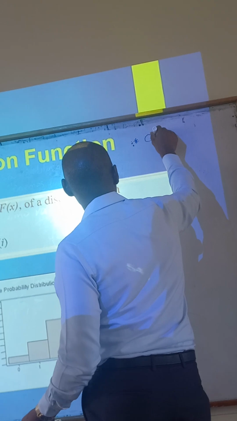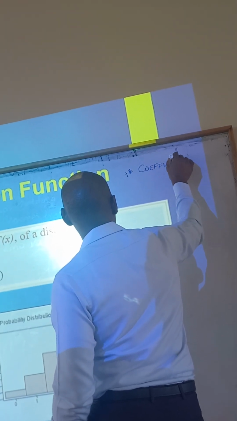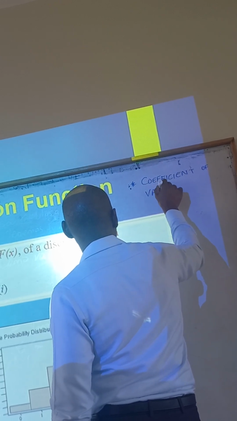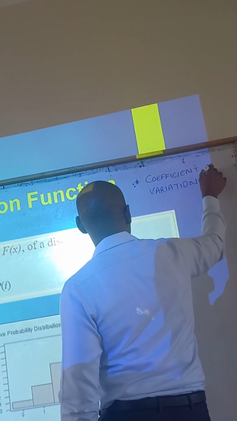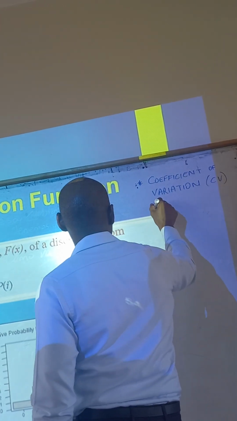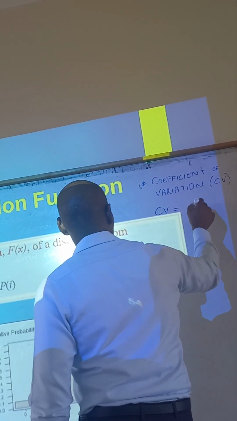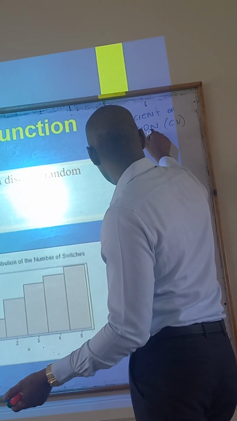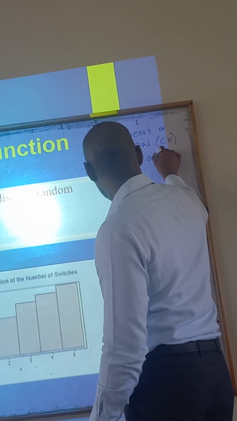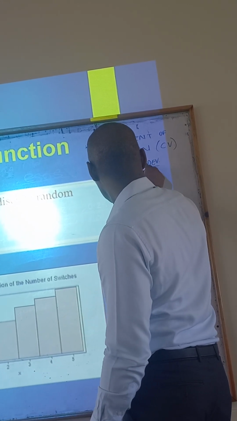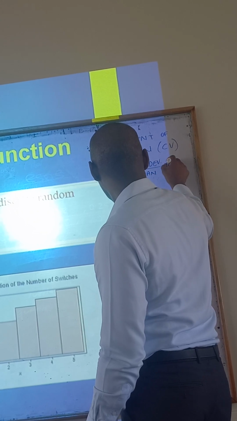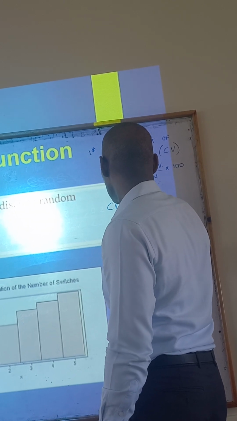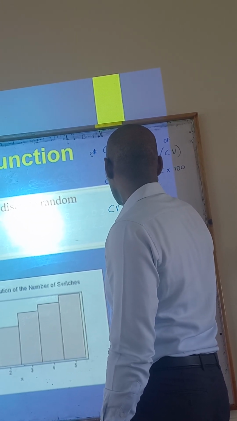We use CV to represent it. So CV is just the standard deviation divided by the mean, and we multiply by 100 to put it in percent, right?